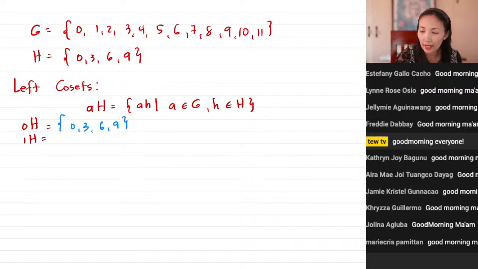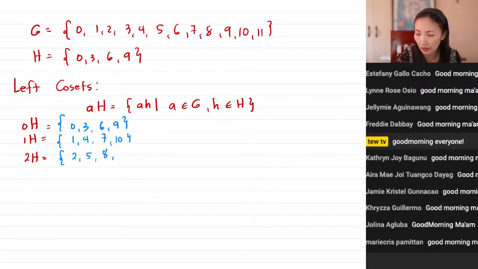What about 1H? 1H is simply adding 1 to every member of H. So, this one will give 1, 4, 7, 10. Next, what will 2H be? 2H will be, add 2 to every member of H. That will be 2, 5, 8, and 11.